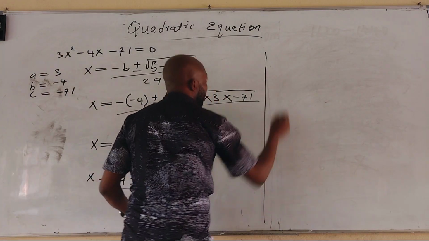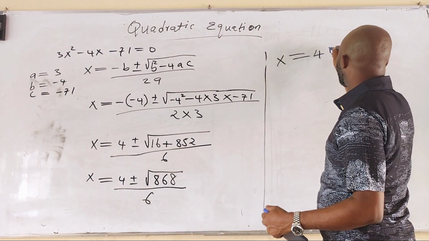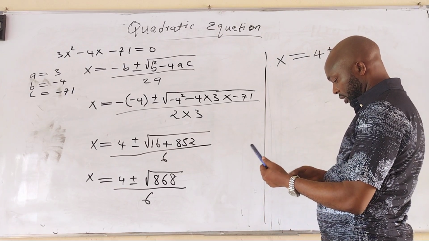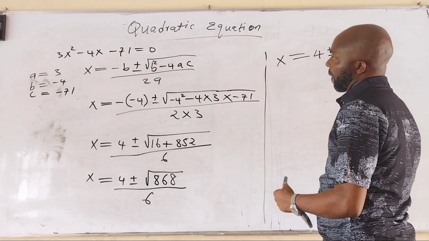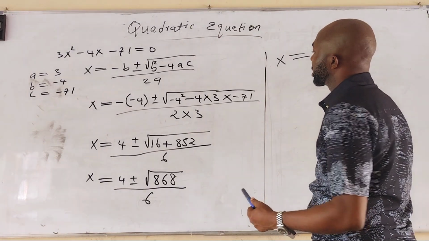So let's move over here. X is equal to 4 plus or minus the root of 868 is 29. Wow, I don't know. Why is that a perfect square? But let's see again. Let's be certain that there is no mistake.